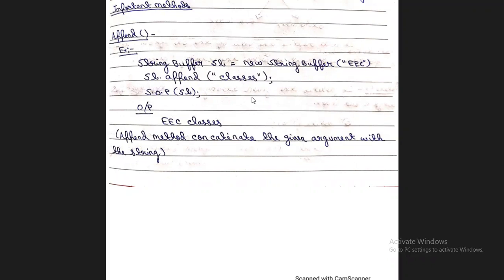If two times a new value is created, two times a new memory reference is created. But in string buffer, a particular memory reference will point to the value. That is, SB is also pointed to EC. So that's why it consumes less memory, but string consumes more memory.